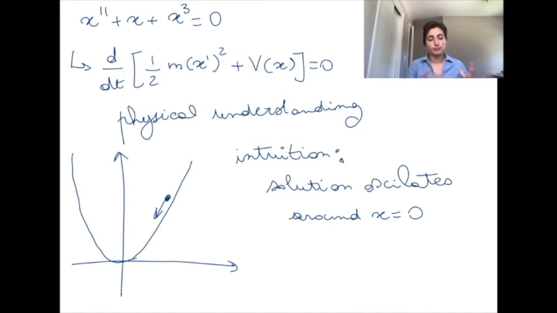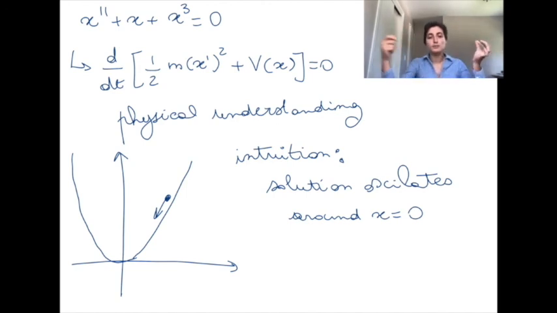So we can merge this information: the first one telling us that from any point on the potential the particle will tend to zero, the second saying that the energy is maintained, so any velocity at some point would transform into height and the other way around. So we can state clearly that the solution oscillates around x equal to 0, and each solution is a periodic orbit.